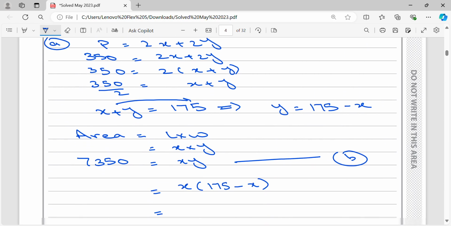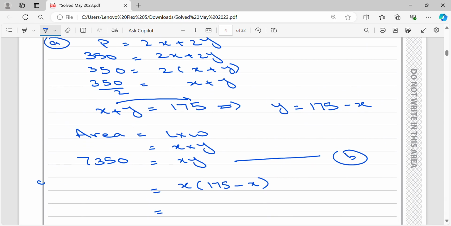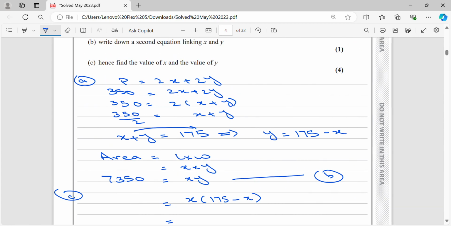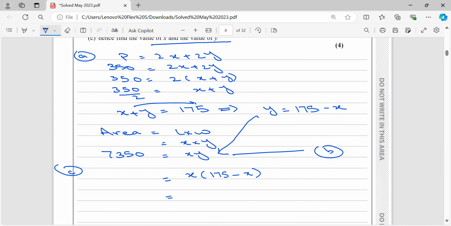Now for the C part, let's continue here. The C part says hence find the value of x and y. So to find the value of x and y, what did I do? I made y the subject, and that value of y I substituted here. So I can get the value of x and y.